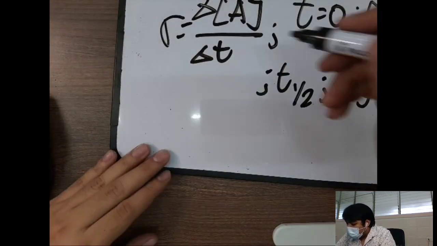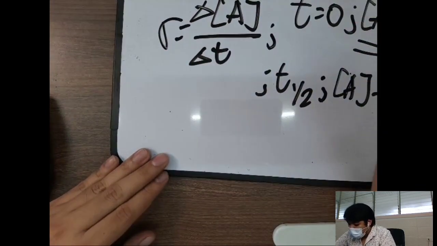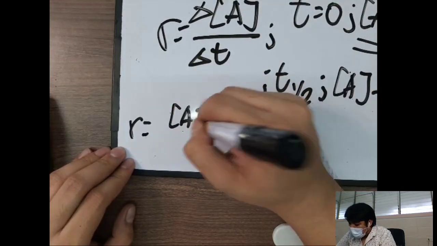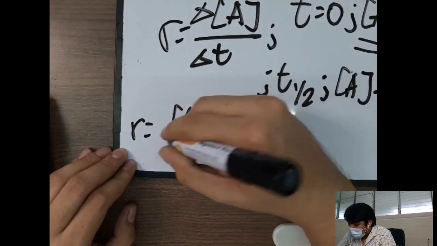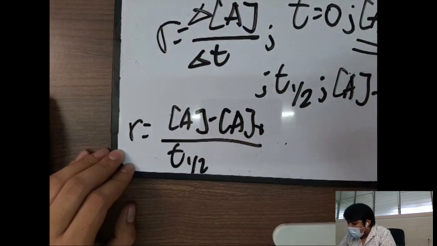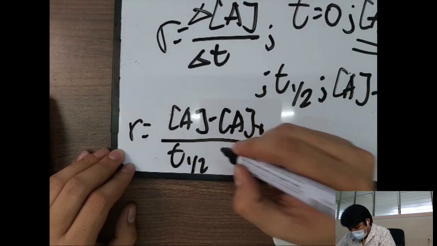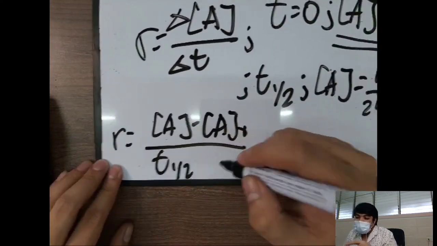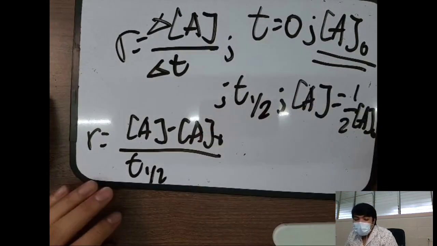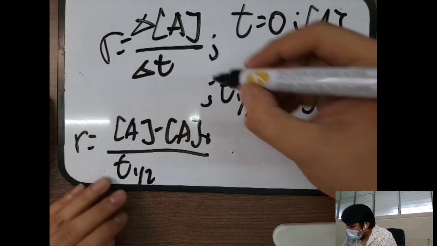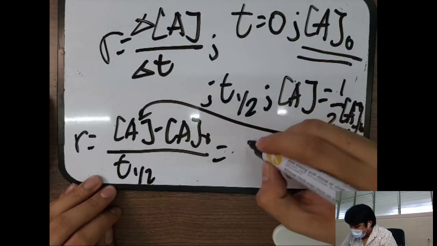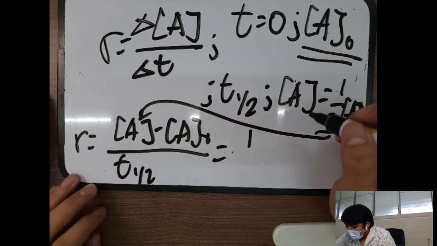Remember that a change is final minus initial. So the rate is equal to final minus initial over, and the same goes with time: final minus initial. Since initial time is 0, any value subtracted by 0 is the same value itself, so we'll leave it at that. I substitute this relation here, and you will get, oh sorry, I forgot the negative sign.